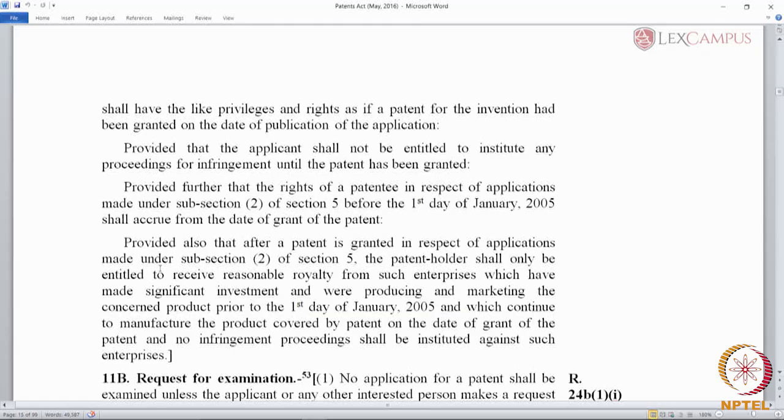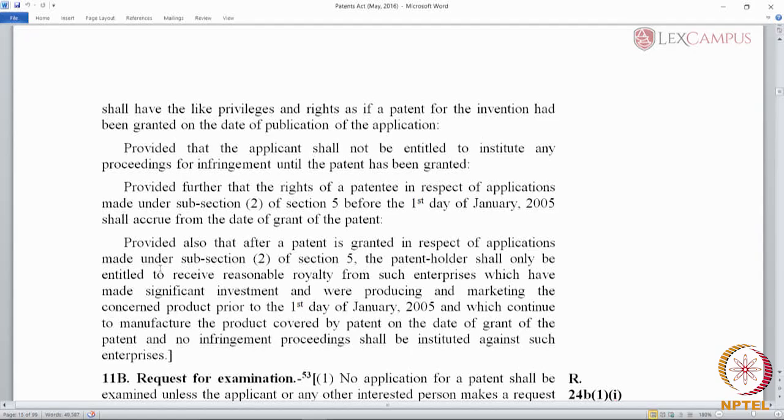Now, this is again a transitory provision. It is no longer relevant because you could reasonably expect all the 5(2) applications to be disposed of by now. Post 2005, it has been 12 years. So, you could reasonably expect all the applications which were filed using the mailbox procedure to have been either prosecuted and granted or prosecuted and rejected.